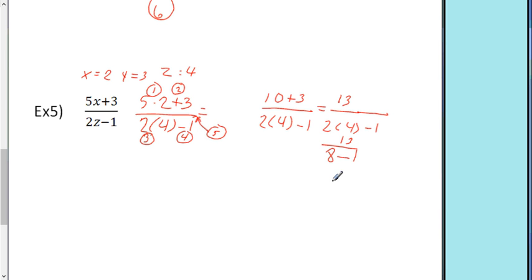And 8 minus 1 is 7, so it's 13 over 7. And then that's our last step. Our last step would be to divide, but if you look at this fraction, there's nothing I can do to it. I don't like writing decimals. Leave answers as fractions. Are a lot easier that way.